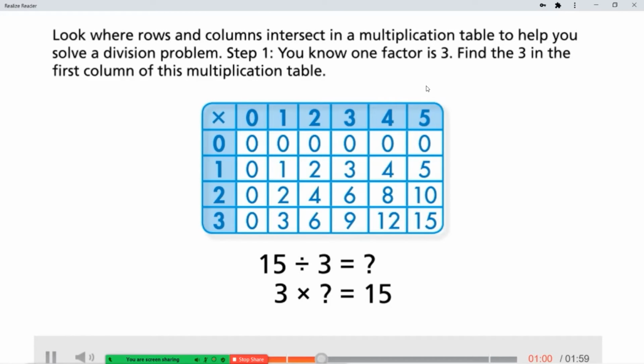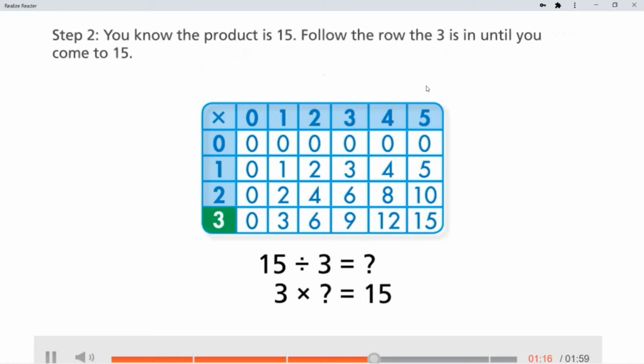Look where rows and columns intersect in a multiplication table to help you solve a division problem. Step 1. You know one factor is 3. Find the 3 in the first column of this multiplication table. Step 2. You know the product is 15. Follow the row the 3 is in until you come to 15.